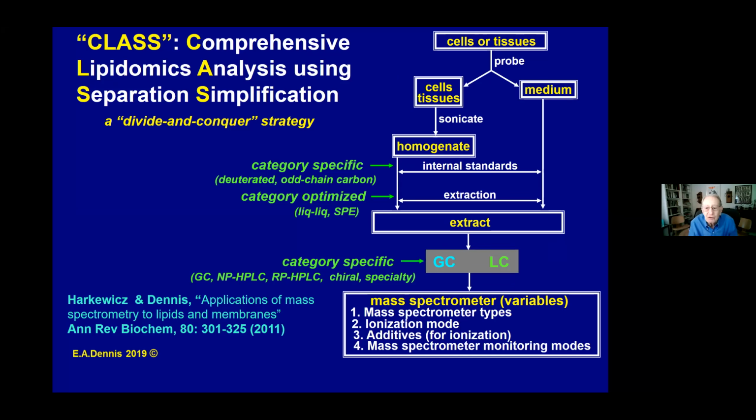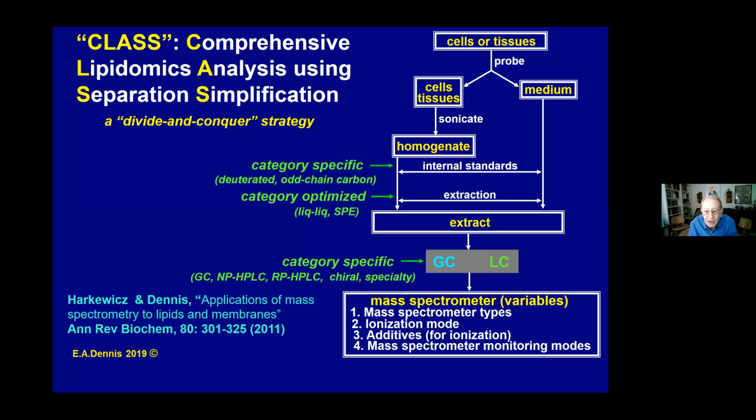The first thing you do is add internal standards. And these internal standards are category specific depending on what lipids you're targeting. They can be deuterated, odd chain, or other variables. Then one carries out an extraction.